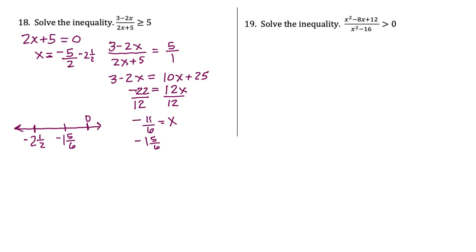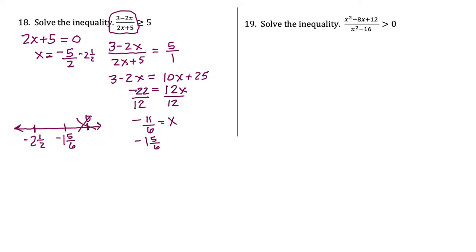If I plug in 0, do I get a true statement? I get 3 over 5, don't I? Back up here, is 3 over 5 bigger than? I'm not going to get a true statement with that if I plug it in. So that's not going to work.